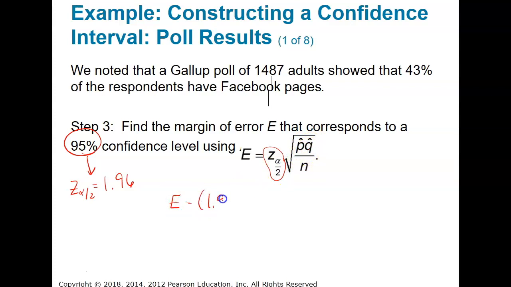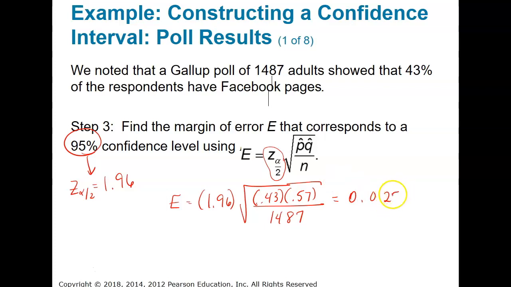So this is 1.96 times the square root of 0.43. Q was 0.57. N is 1487. So we end up with a margin of error on that one that is 0.0252.